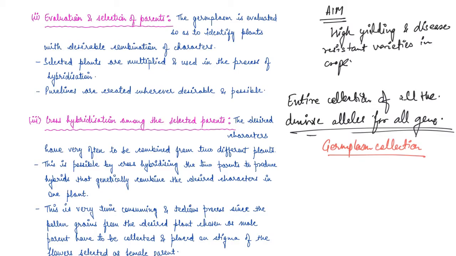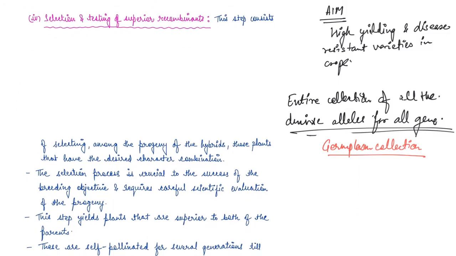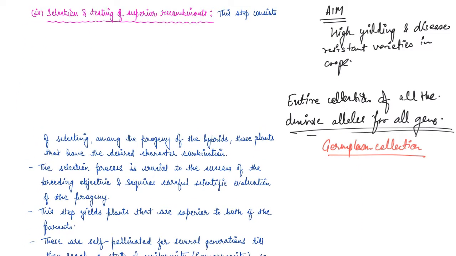Then after creating these hybrids, we start selecting and testing for superior recombinations. Now we have a progeny of hybrids where there should be the desired combination of characters, right?